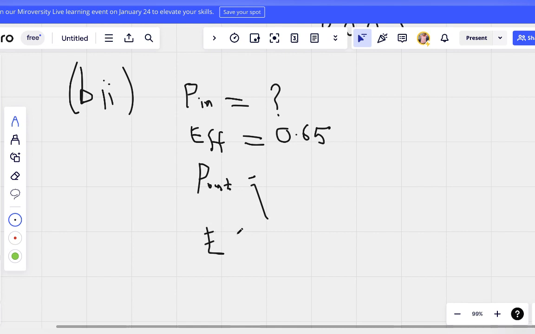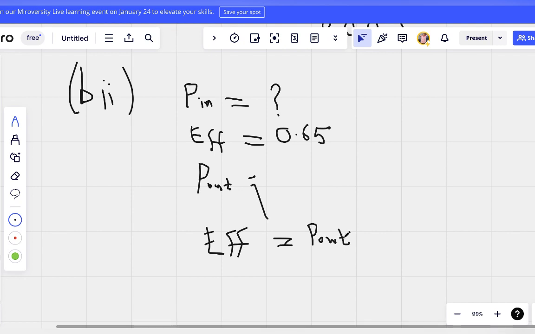The efficiency of a machine is the output power over input power, or the output work done over the work input. So this is P out over input power.